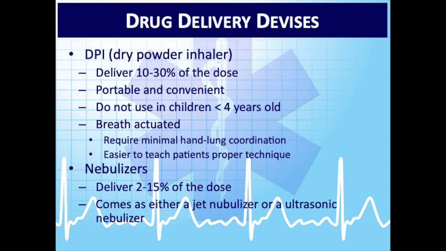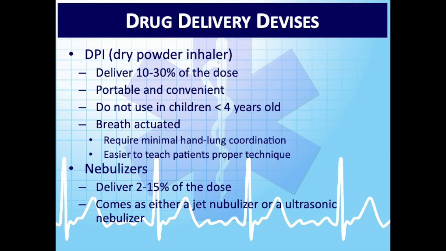Now, probably the second most common inhaler out there is what's called a dry powder inhaler. Does everyone know what those are? Yes? Some people are shaking their heads yes, some people are shaking their heads no. So the difference between a dry powder inhaler and a meter dose inhaler is that the dry powder inhaler doesn't have a propellant in it.